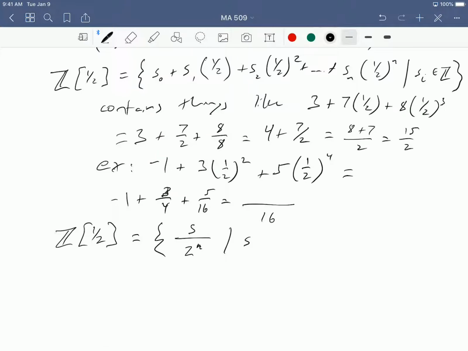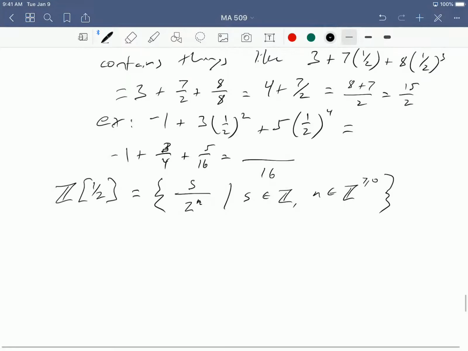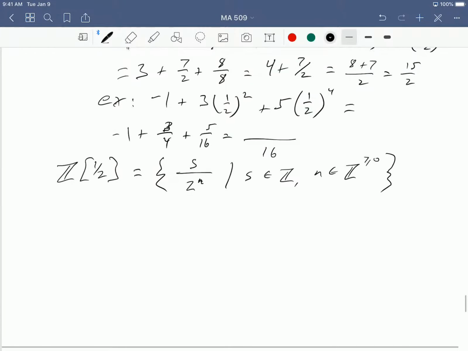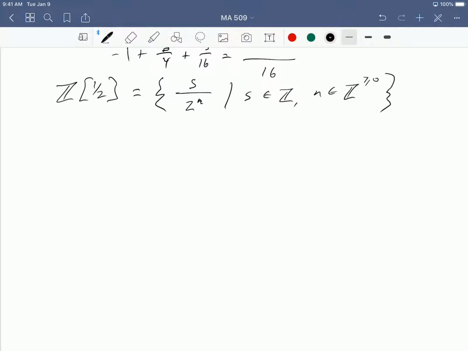So s is an integer, and n is some integer greater than or equal to 0. This is all numbers of the form any integer you want over 2 to the n. You may see this example again in some homework problems, or you may have seen it already. All right, let's try some more.